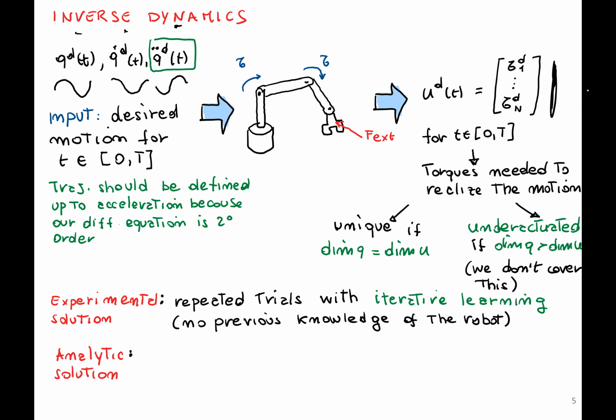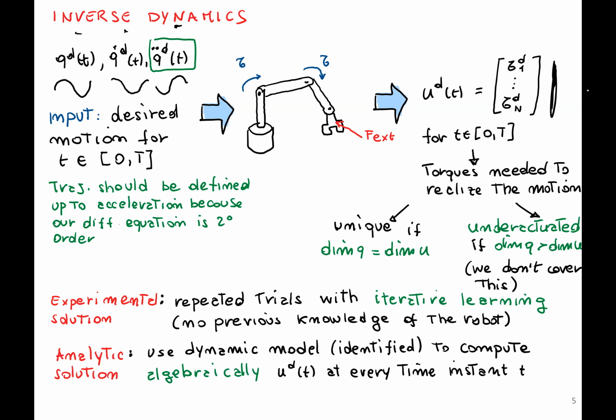Otherwise, if you have a model, you can do the analytic computation of the torque that you need to get the motion, at every time instant. And this computation, of course, should be efficient. And we will see that Newton-Euler algorithms are a better algorithm to do so.